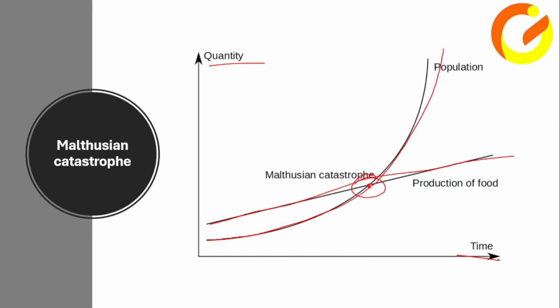Both are in equilibrium at this point. Anything above this, when they miss each other, this is the catastrophe, right? Which means the catastrophe is going to reduce the standard of living of the people. That is what the Malthusian catastrophe is all about, right?